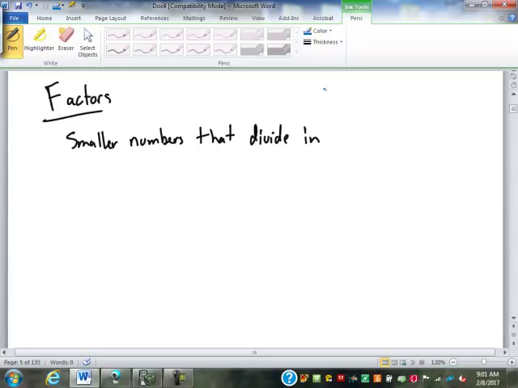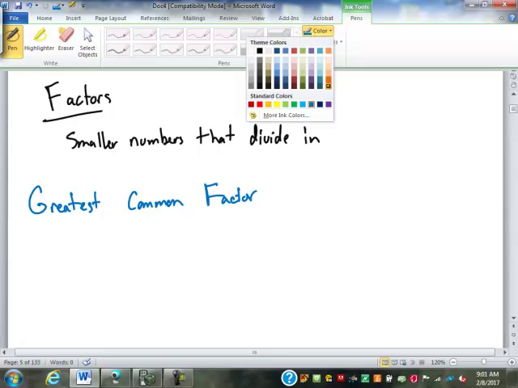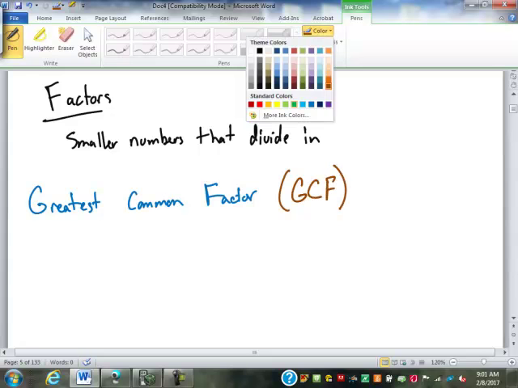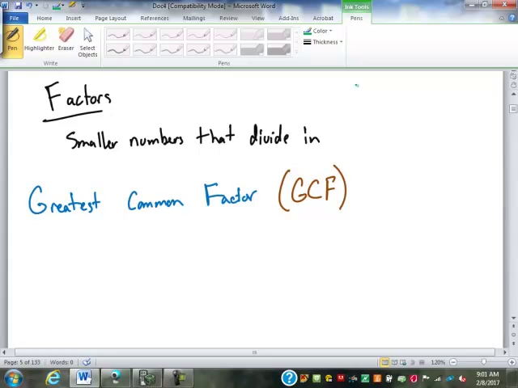So I might look for something called greatest common factor between two numbers, which of course abbreviates GCF. Greatest common factor between two numbers can be found by factoring.